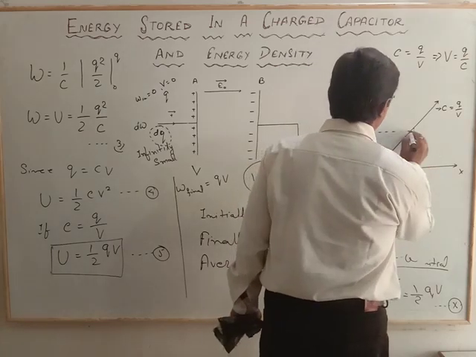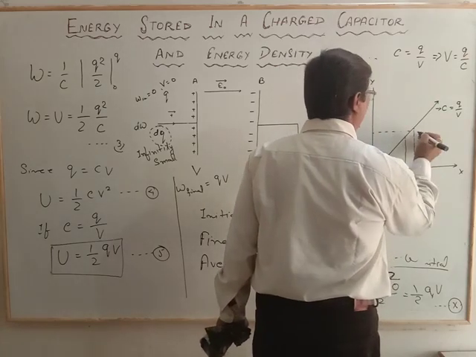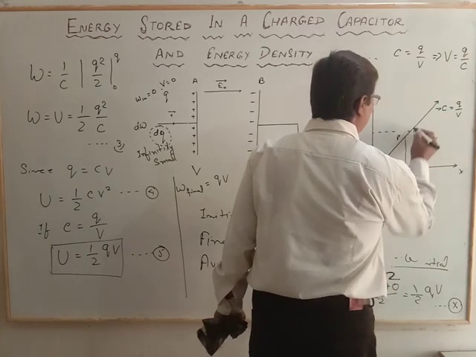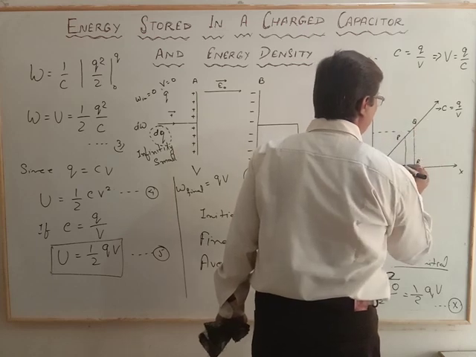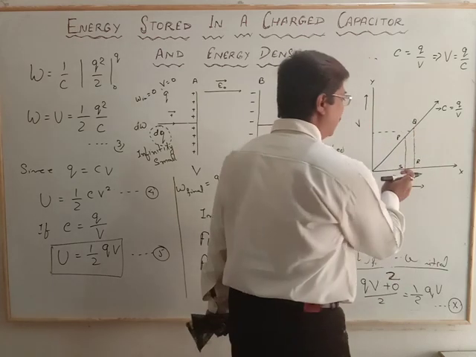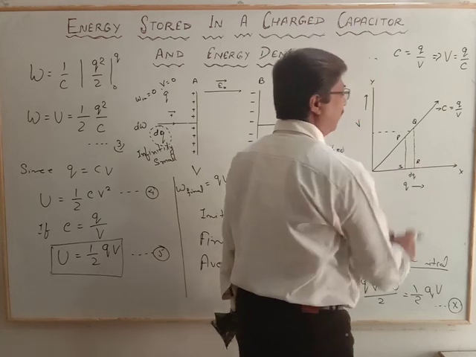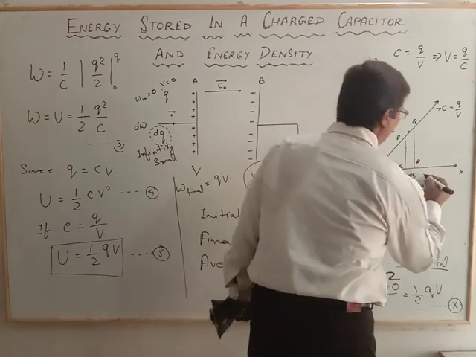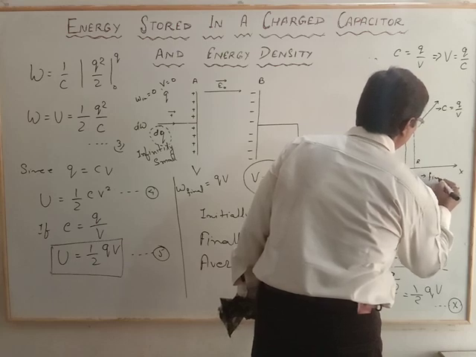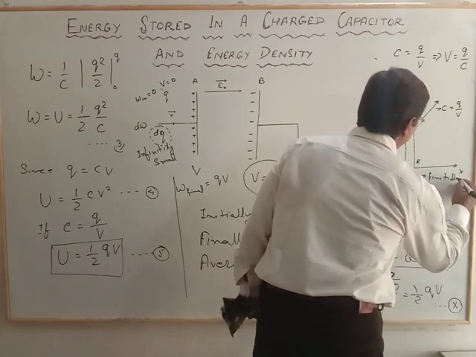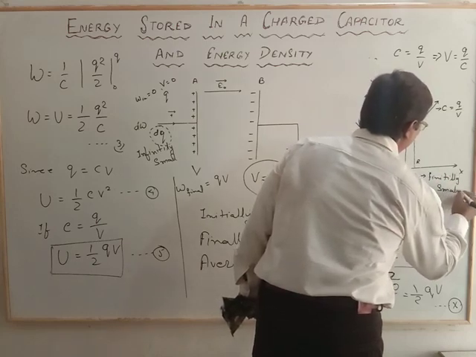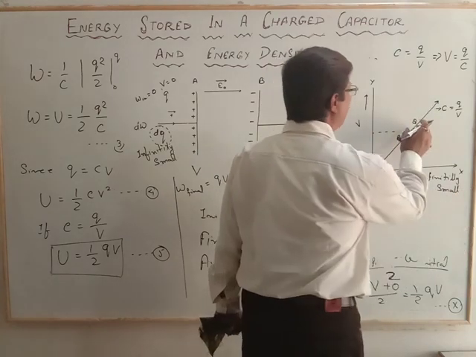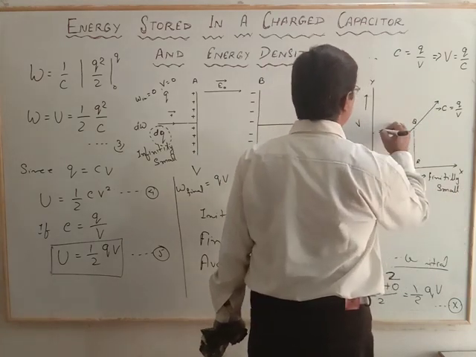dq for this potential, and this potential is almost P, Q, R, S. Thus SR is such a small distance, such a small, finitely small charge dq, that the potential is almost constant.